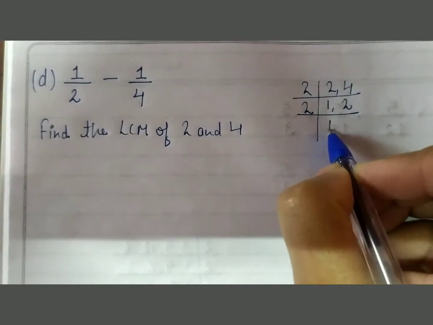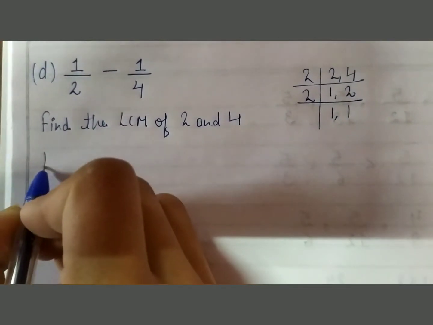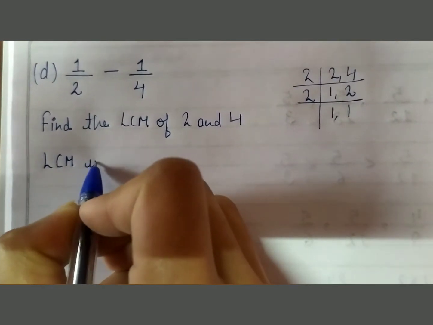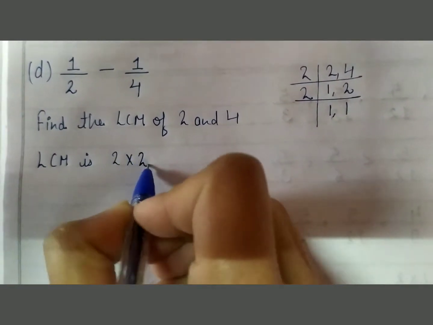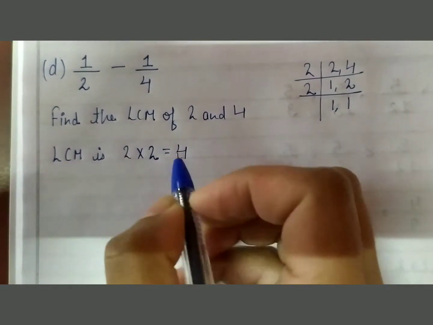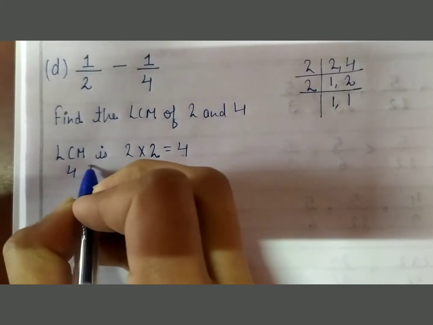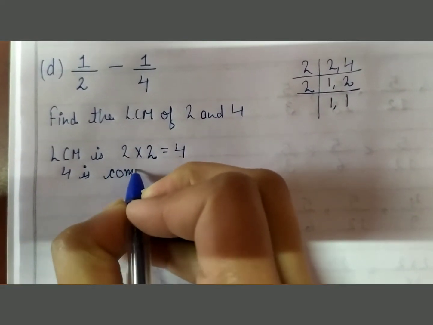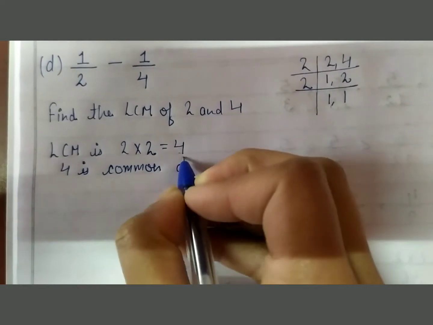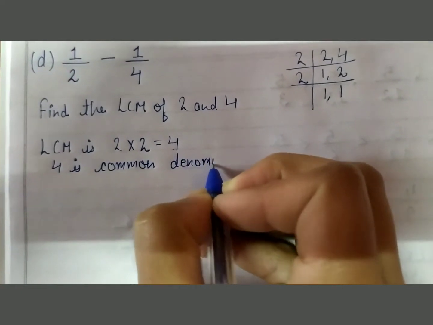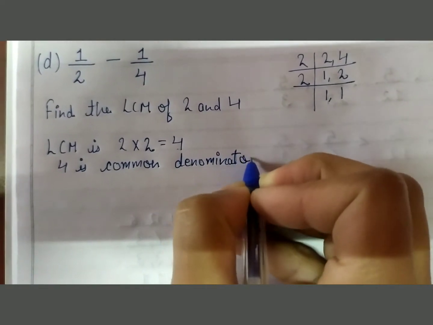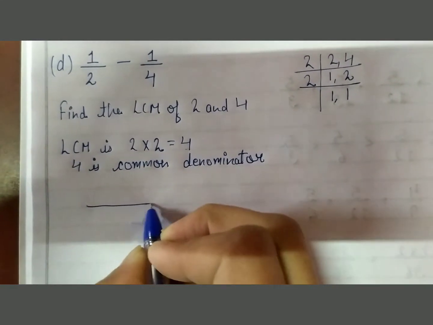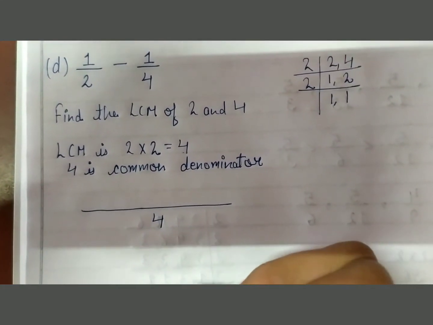Again write 2, 1 as it is, 2 ones are 2. LCM is 2 multiply 2, that is 4. 4 is a common denominator. Write 4 in the denominator.